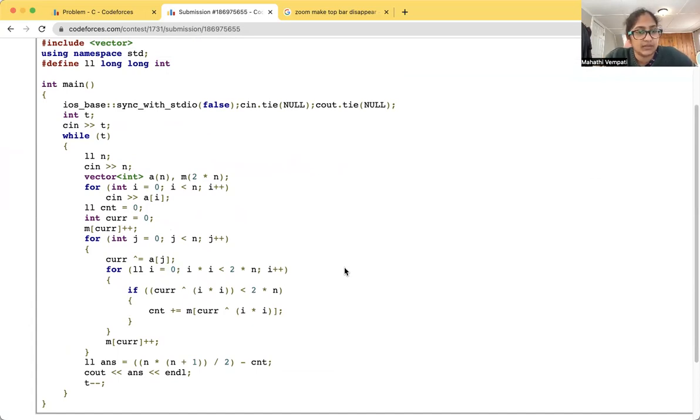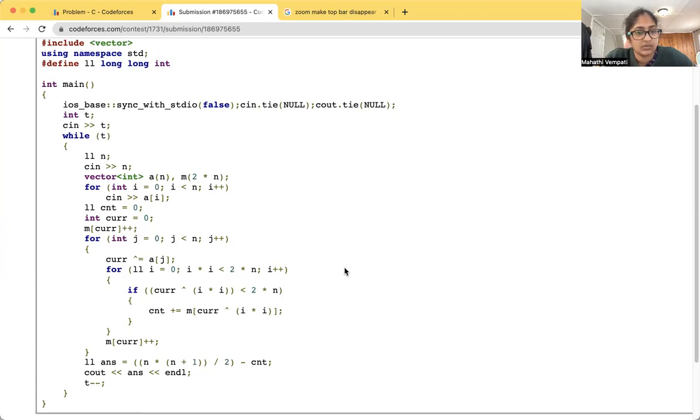So LL n, input n, A of n, and M of 2 times n. I equal 0, okay. Int LL count, I guess, 0.